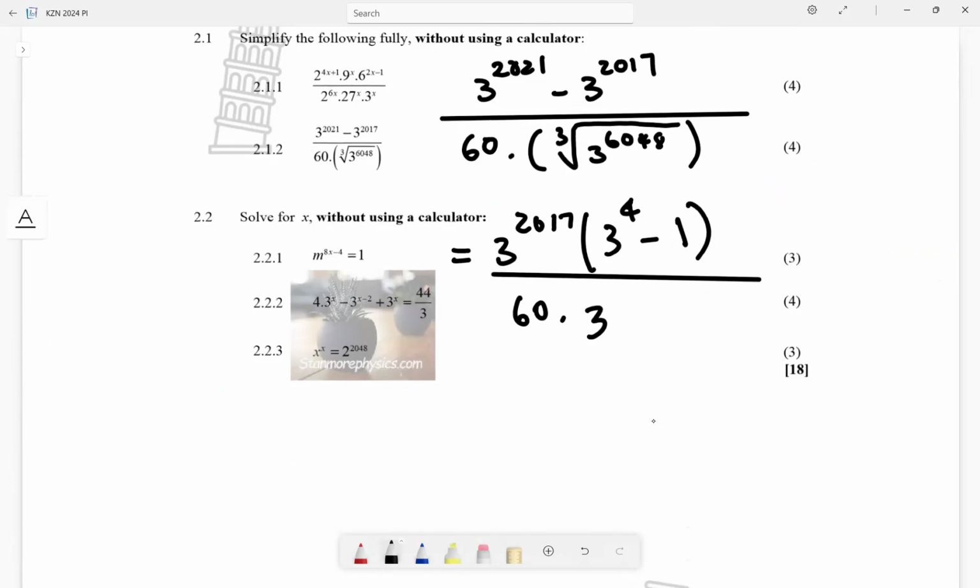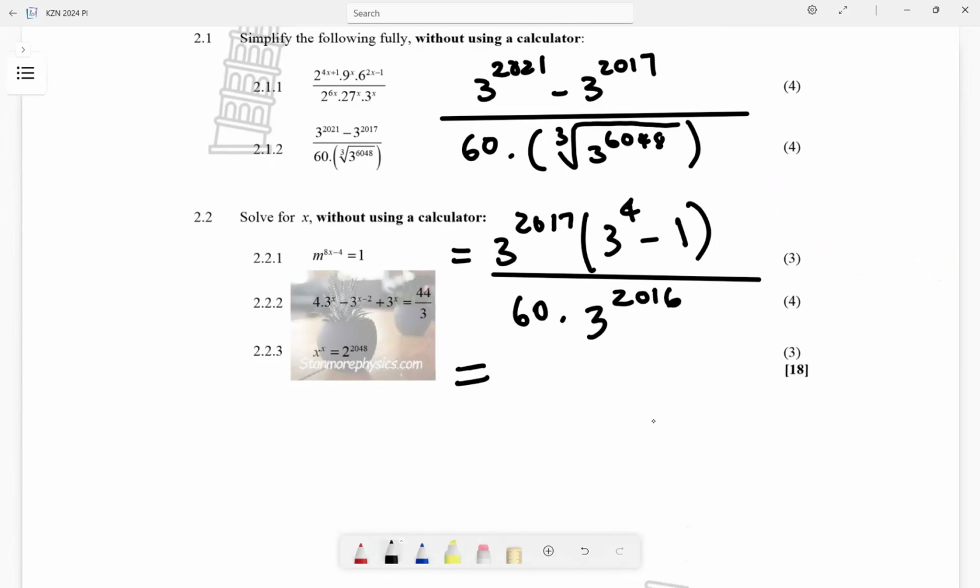Similarly here, you divide by this 3. So 6048 divided by 3 gives me, sorry, 2016.